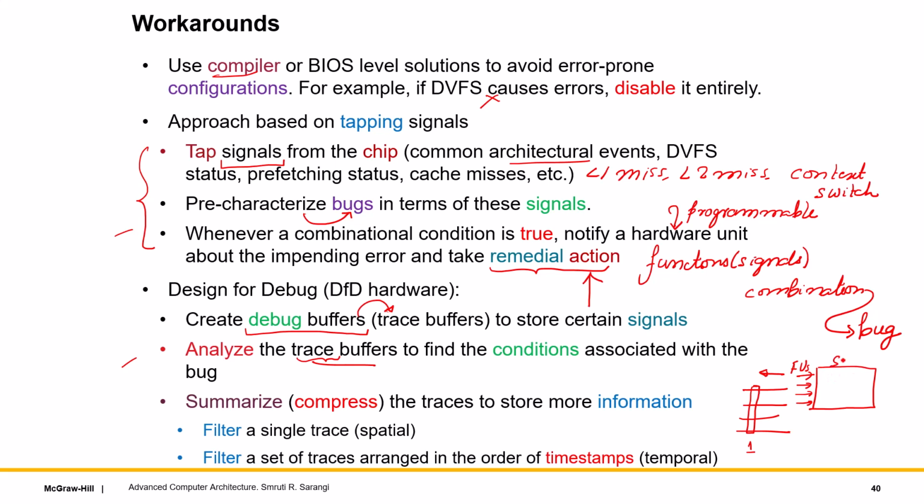And the columns are the signals. So it is possible that different functional units may generate the same signal, like, as I said, prefetching or an MSHR access or an L2 miss, something like that. So we can compress data both row wise as well as column wise, hence they are given different names.